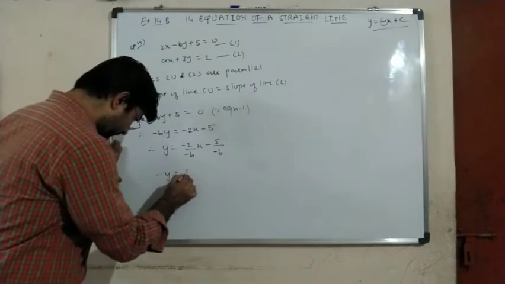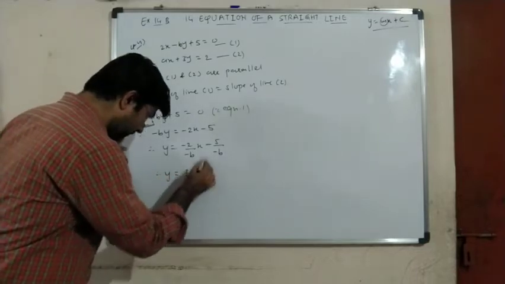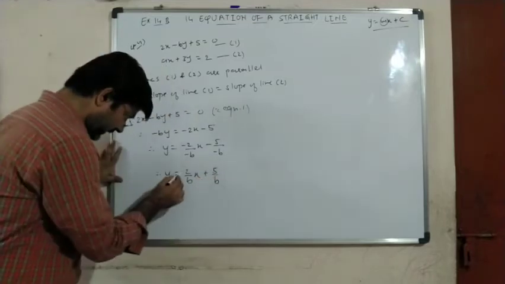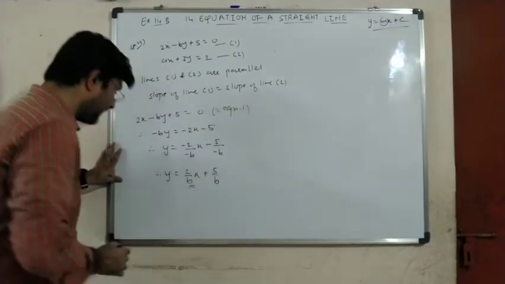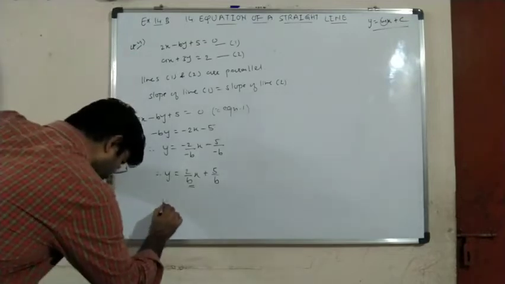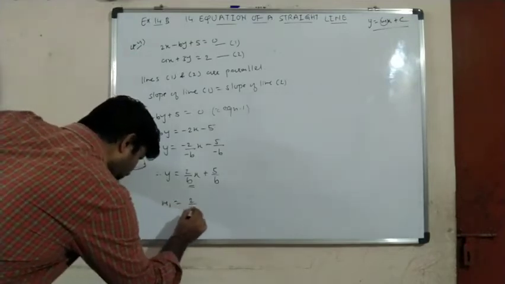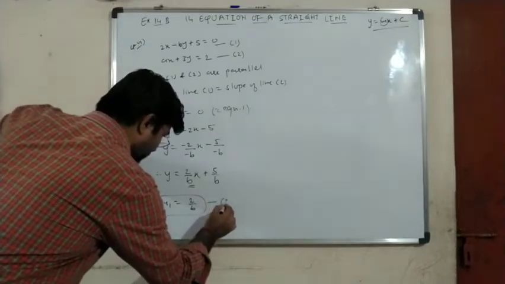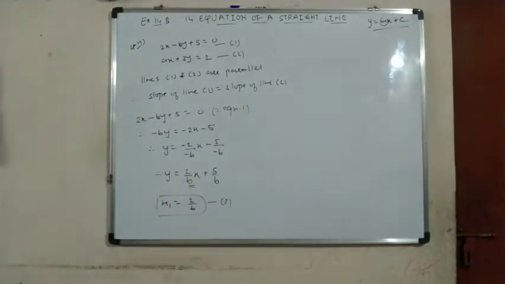Therefore y is equal to 2 upon b into x plus 5 by b. So the slope m1 will be equal to 2 upon b, where m1 is the slope of line 1.